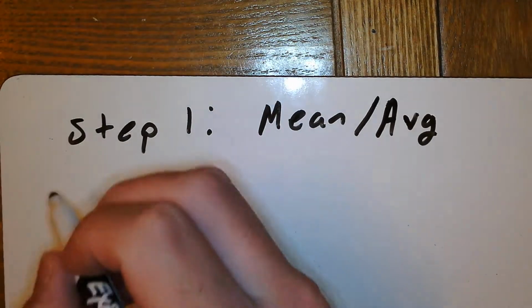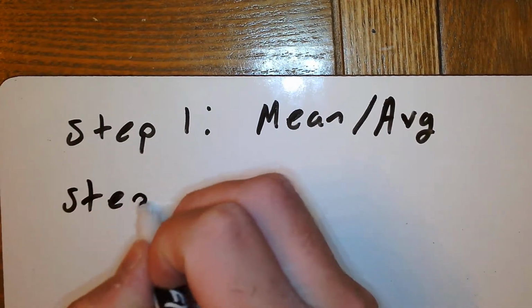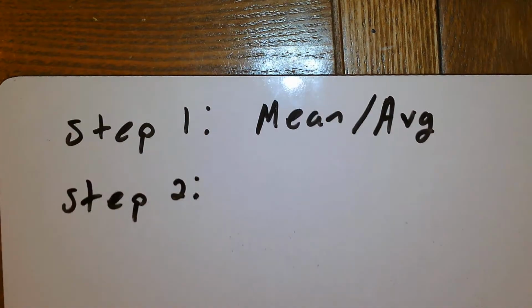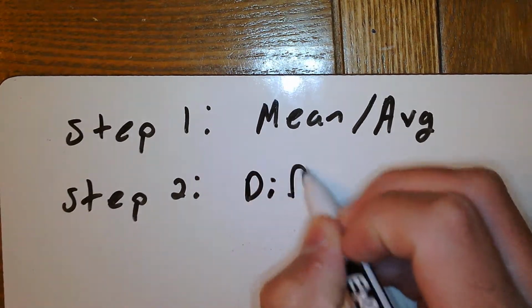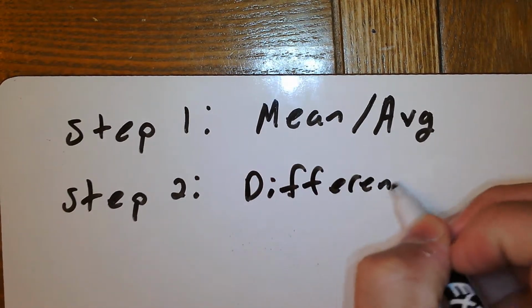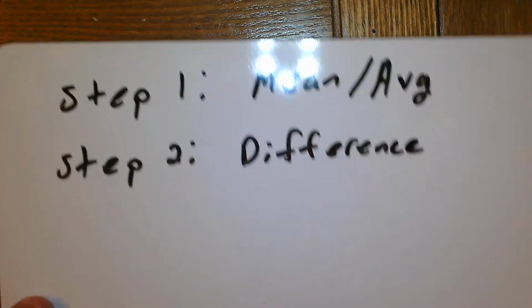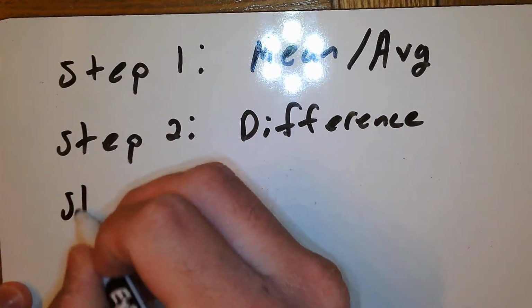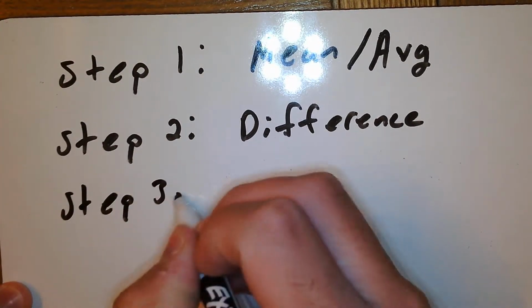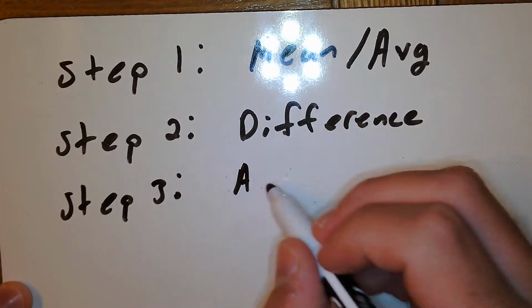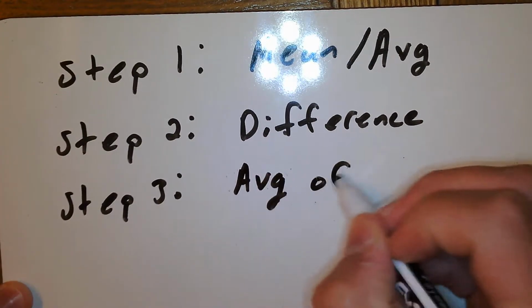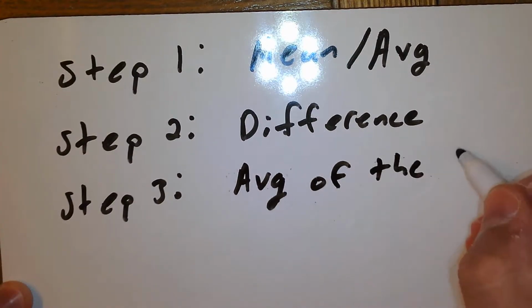Step 2: once we have found the mean from the data, we have to find the difference from the average to each data point. Then the last step, step 3, is to find the average or the mean of the differences.